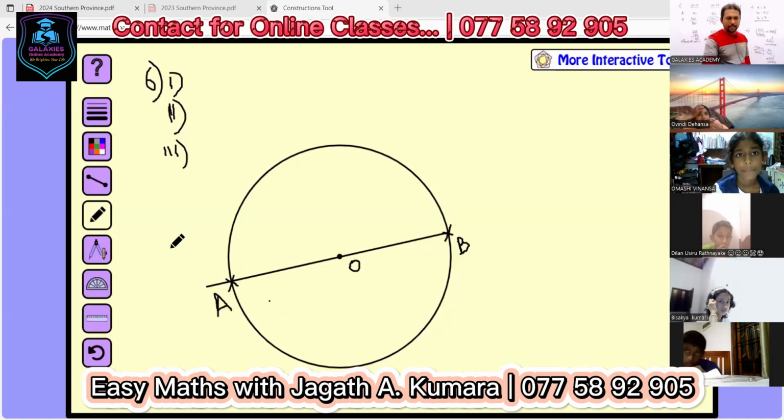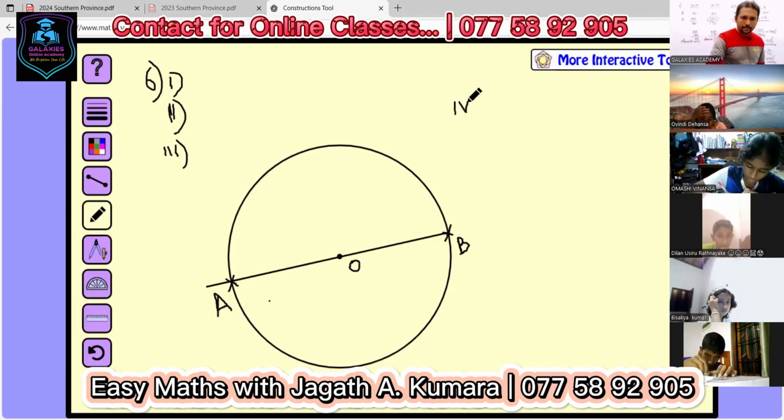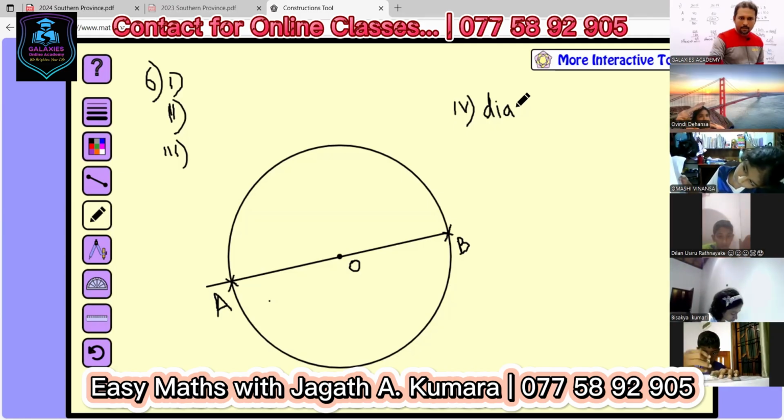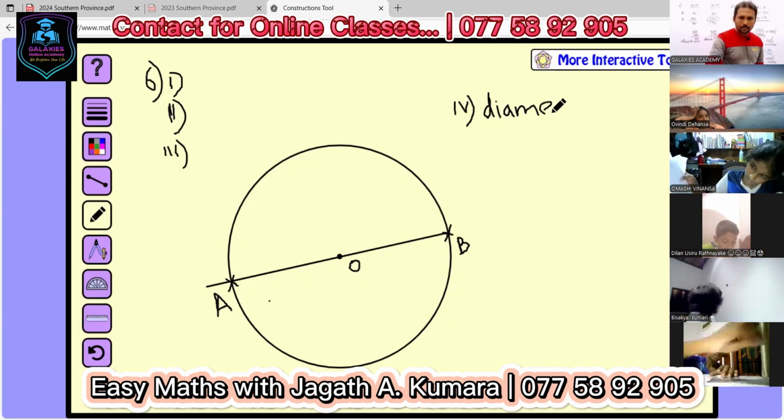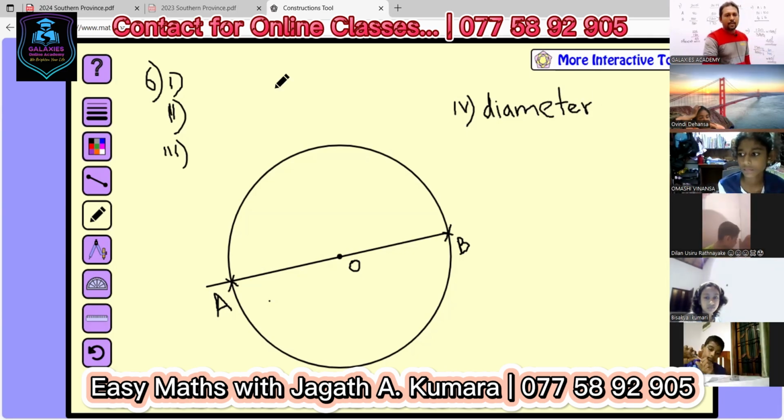Diameter. Right? So fourth part you have write the answer. Roman number 4 කියලා දාලා අපිට diameter කියලා answer එක ලියන්න පුළුවන්. මම මෙහෙන් ලියන්නම්. Roman number 4 diameter. Right, it is fourth part.